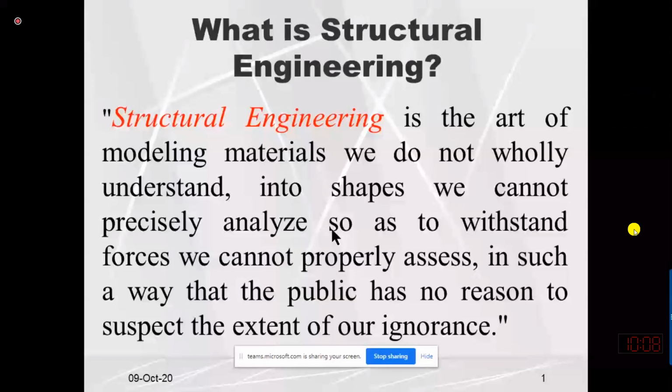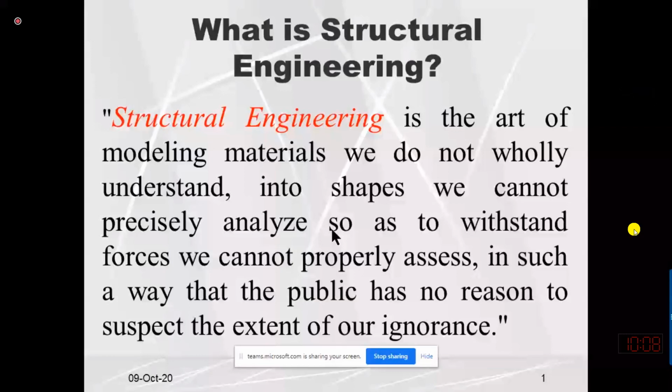Actually, we want to select the cross section or shape of a certain material, which we take as steel. How do we want to select? We want to select the shape in such a way that the cross section made of that material will be able to withstand, meaning bear, all the applied forces successfully.